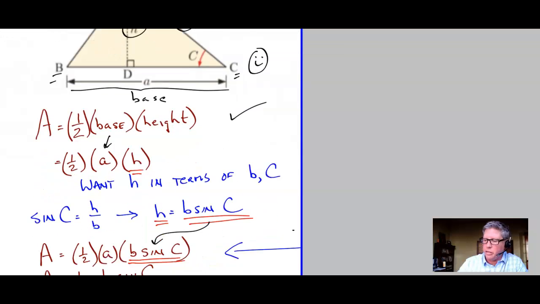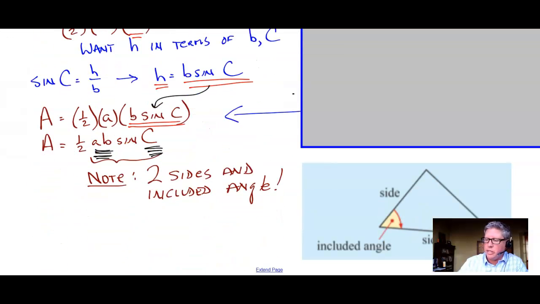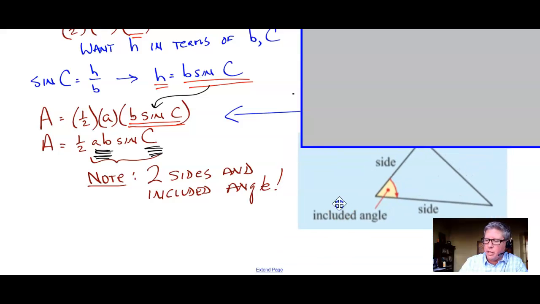I just want to make sure that you see this. It's really important that you recognize that this formula works when you have two sides and the included angle. Top angle, it just doesn't matter. Think of a and b as any two sides and capital C as the angle between those two sides.